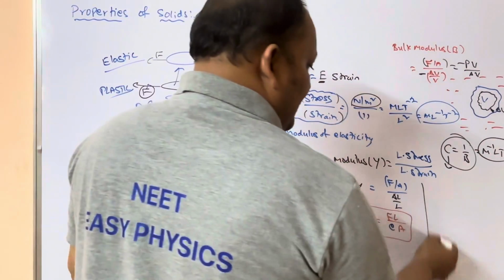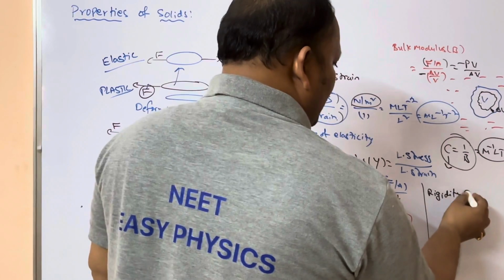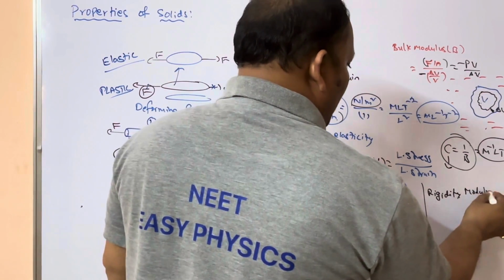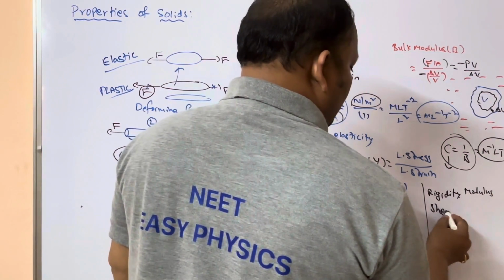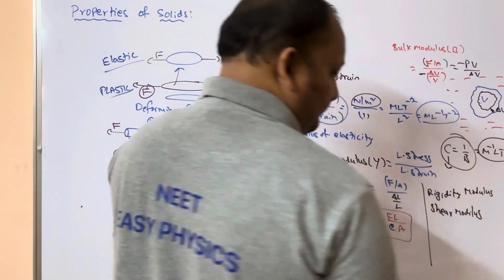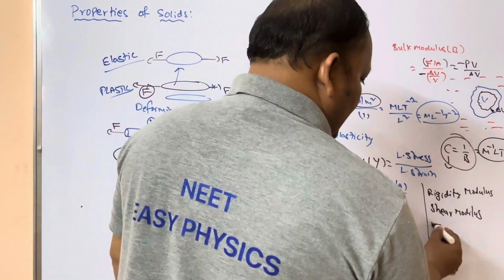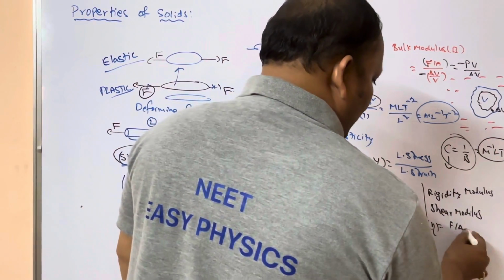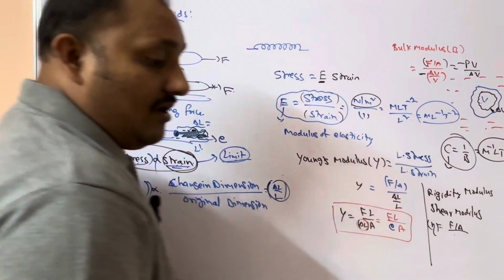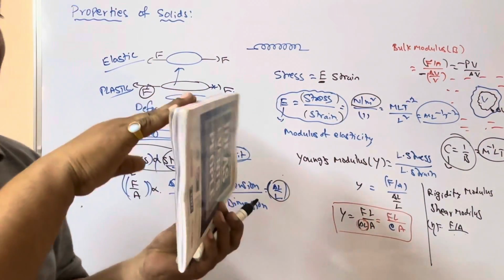Next, rigidity modulus, or shear modulus as they will call it. Shear stress by shear strain. That is also F by A. How do you get shear stress or shear strain? The force is applied parallel.